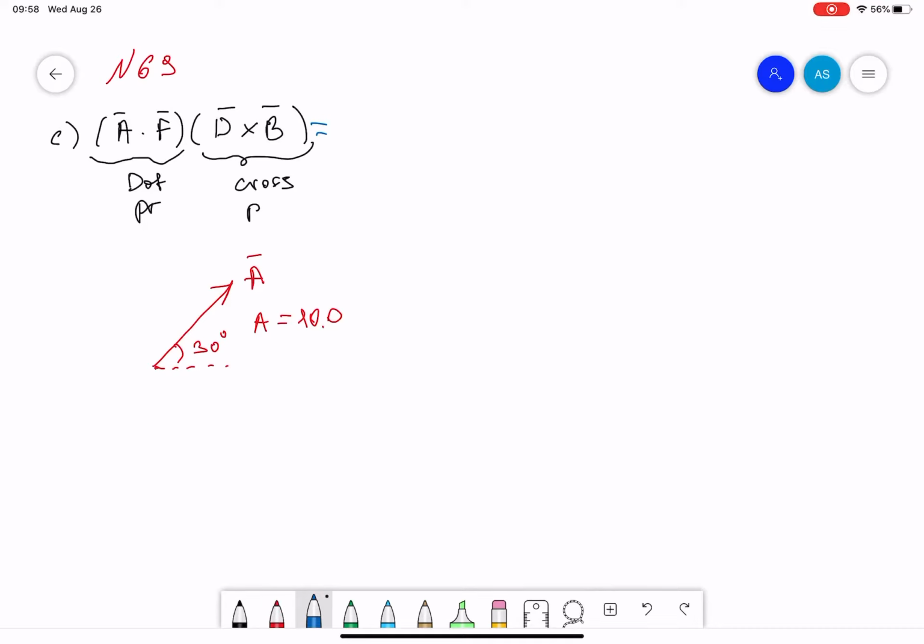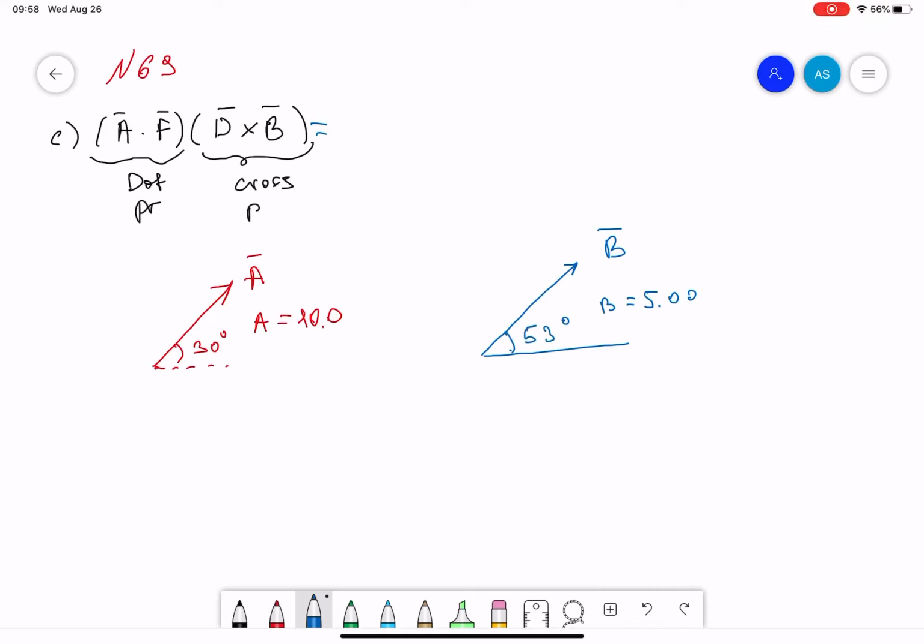Then we have the b vector. Let me draw the b vector here. The b vector has a magnitude of 5, and the angle of the b vector is 53.